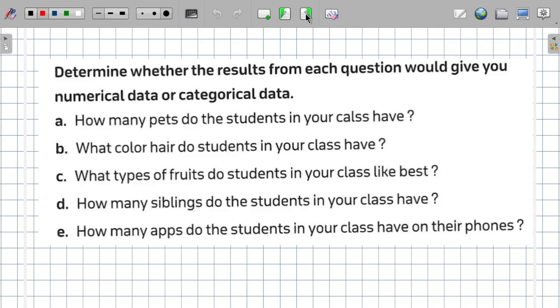The first question here, how many pets do the students in your class have? I will ask myself, in this question, am I asking about numbers or things? I think here it will be numbers because I'm asking about how many pets. So the answer here will be numerical data.